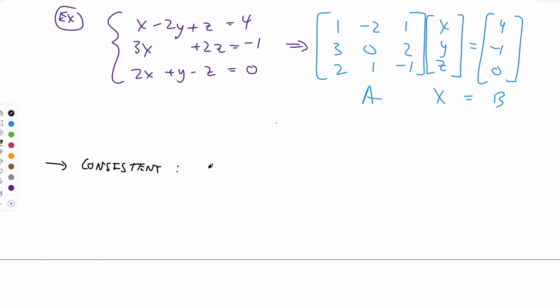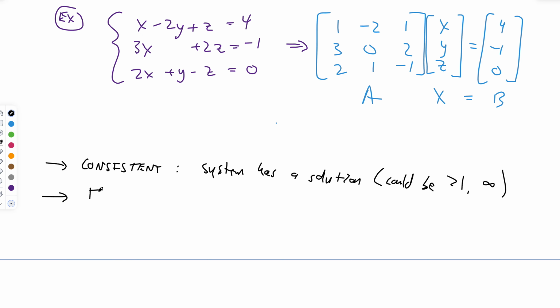For a system to be consistent, that means that the system has a solution. That could be more than one, so it could be greater than 1. Infinity counts as well. As long as you have a solution, you can be considered a consistent system.